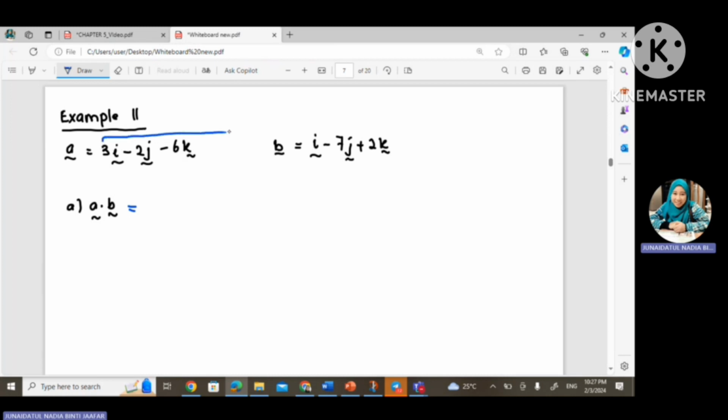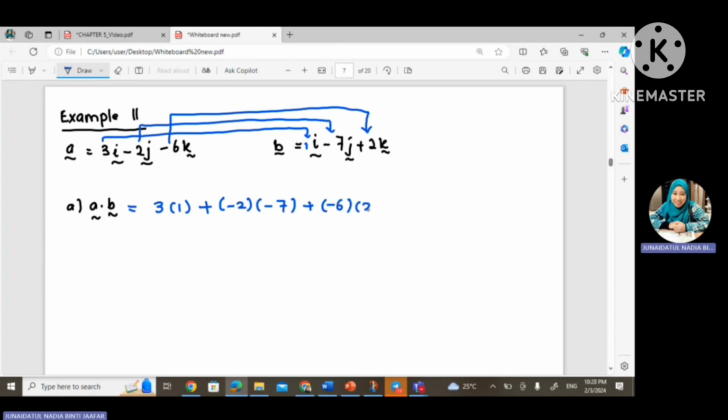So here we have 3 times 1, plus negative 2 times negative 7, and then the last one is negative 6 times positive 2. So 3 times 1, plus negative 2 times negative 7, plus negative 6 times 2 is equal to 5. So A dot B is equal to 5.